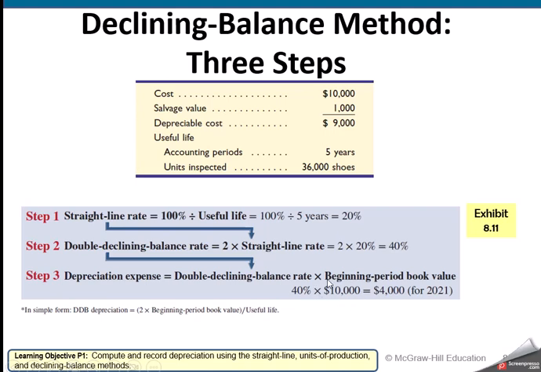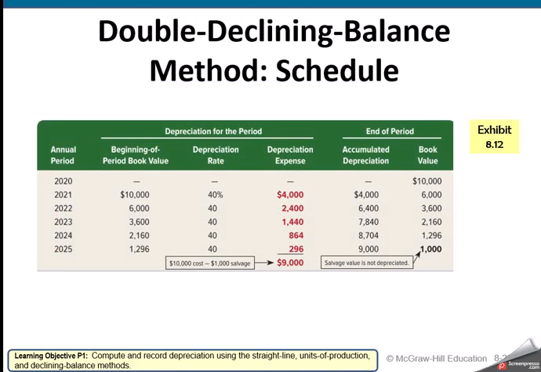So if we have a $10,000 asset times 40%, our depreciation for the first full year is going to be $4,000. That's actually more than twice what the straight line was, because the straight line dealt with the residual value as well. So that first year we take 4,000, which brings our net book value down to 6,000.